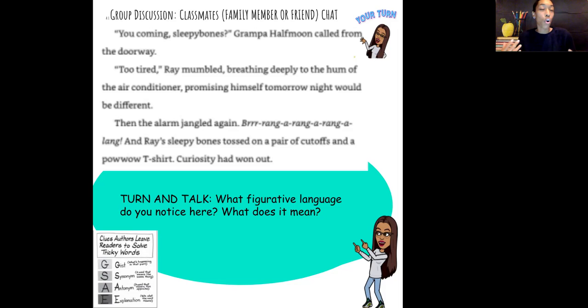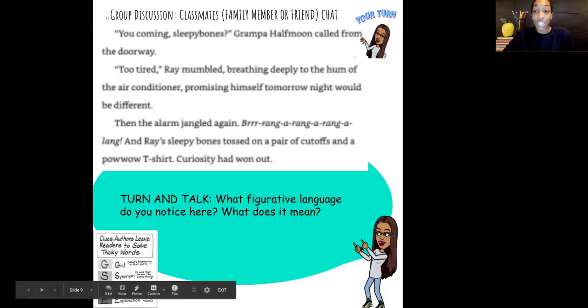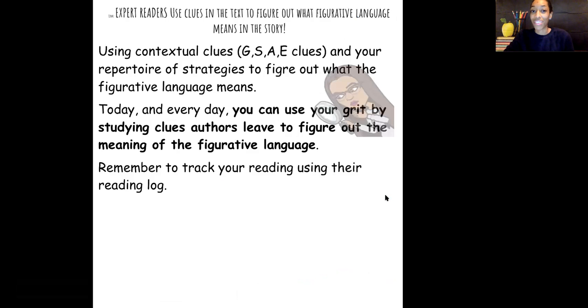This is something we always look at while we're reading and come across all the time in our reading. And this is what expert readers do. We use those clues to help us figure out, what does this figurative language mean? So we're going to use those context clues, which is like the gist and the author's clues for us.